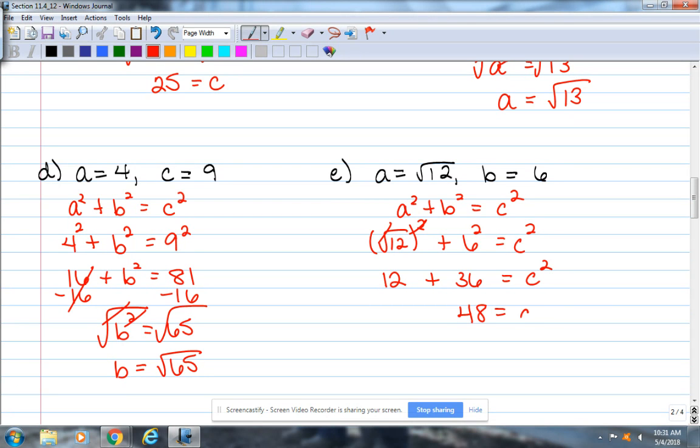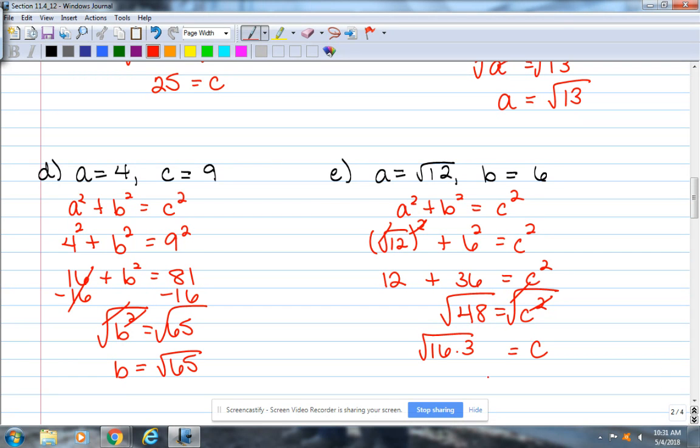And then we're going to add 12 plus 36 and get what? 48 equals c squared. And then we do what to both sides? Square root. So the c squared and radical cancel out and leave you with c. What's the largest square that goes into 48? 4 is a square that goes into 48, but it's not the largest, is it? 16. So 16 times 3 is 48.